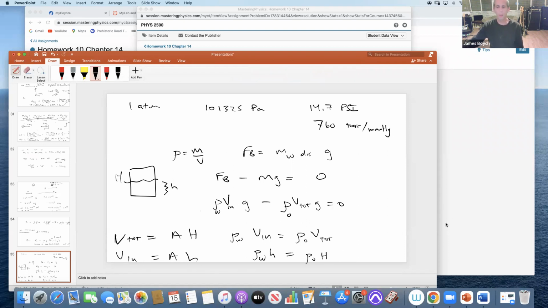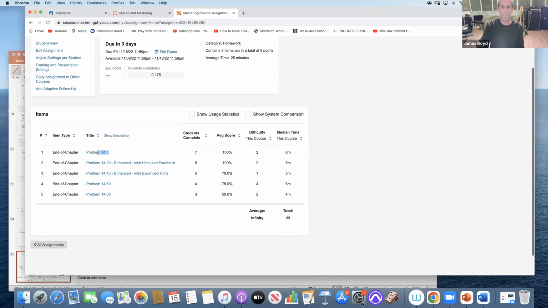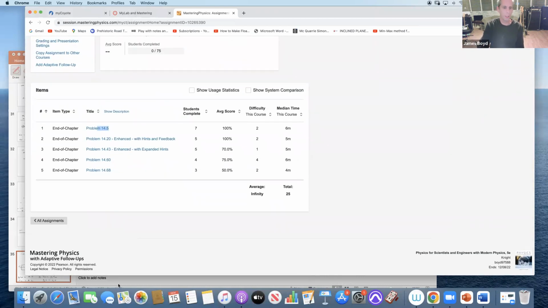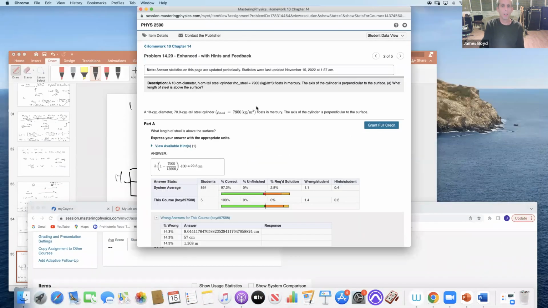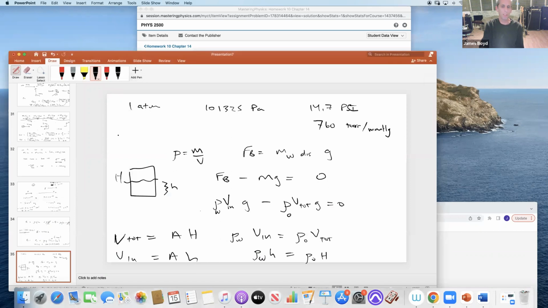H, big H. So we're told the density of steel, we know the density of water, we know the diameter, we don't care about that. The axis is perpendicular, so what length of steel is above the surface?